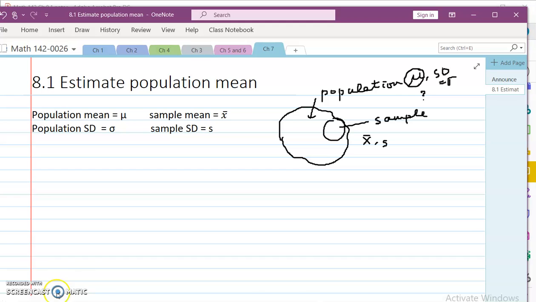In the past, we said that if the sample is a good sample, randomly selected and of good size, then X bar can be used to estimate mu. We call this kind of estimation a point estimate, and it's quite common.